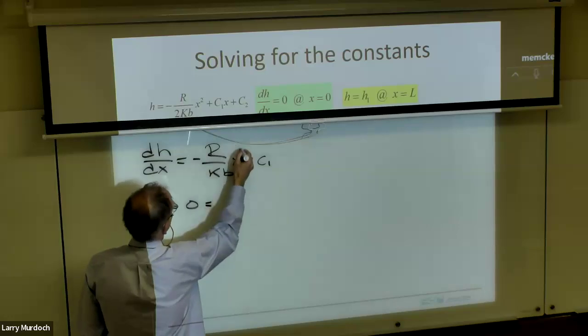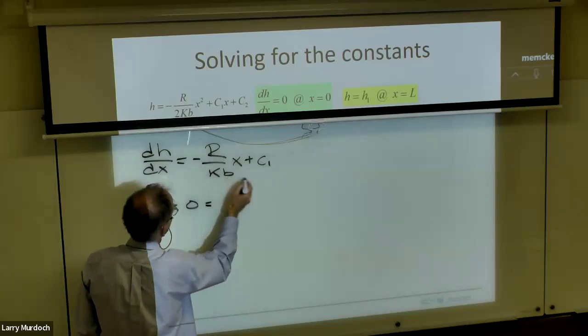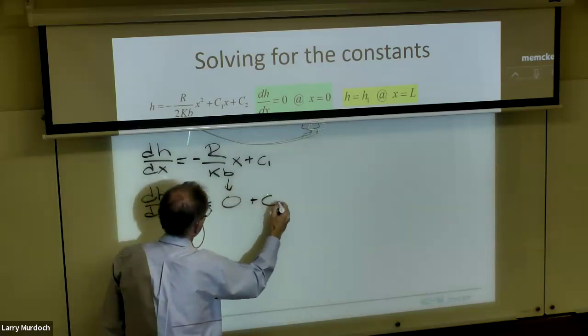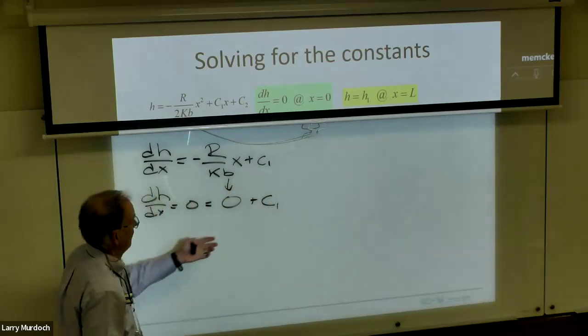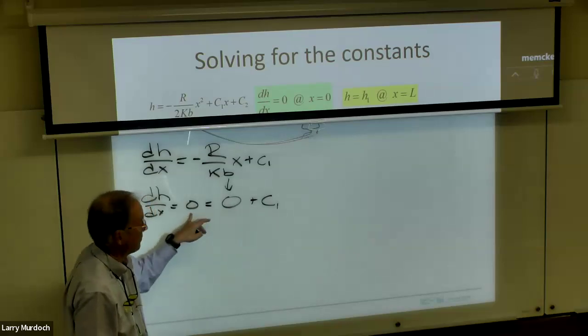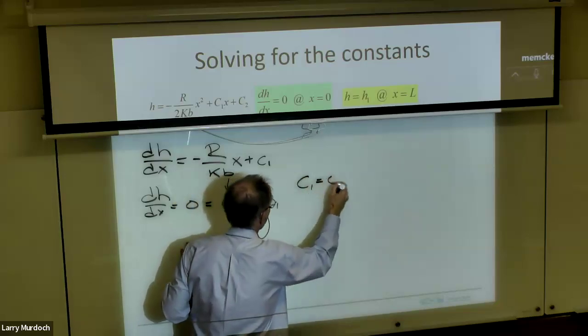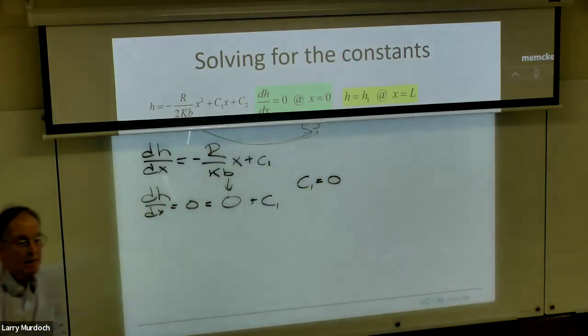So we substitute in x equals 0, that's just going to make that 0. And then we get C1. So C1 plus 0 equals 0. So it looks like in this case C1 equals 0. Okay, so that's kind of nice. Get rid of that one. We just don't have to deal with C1.